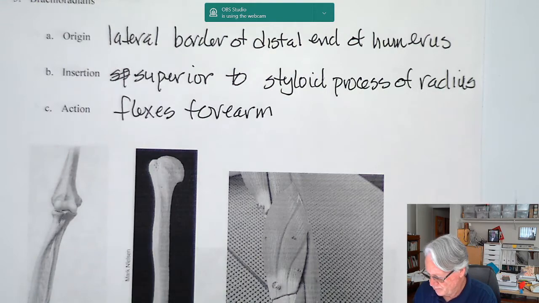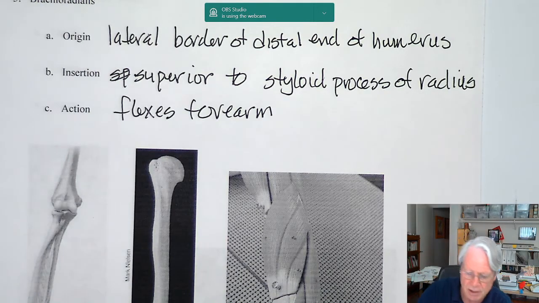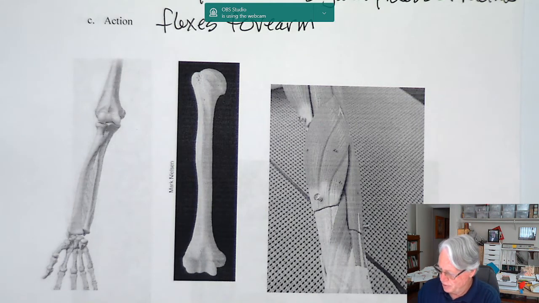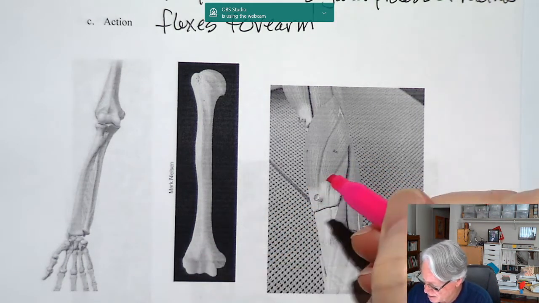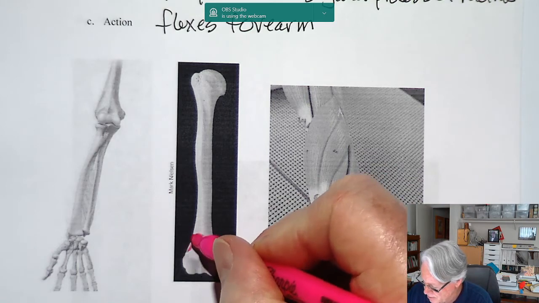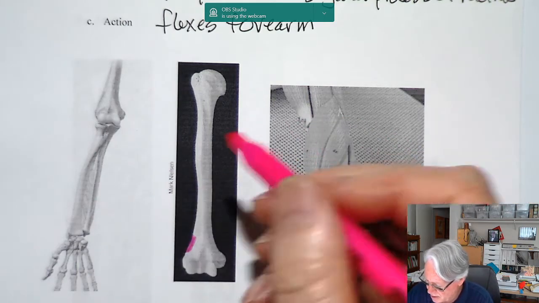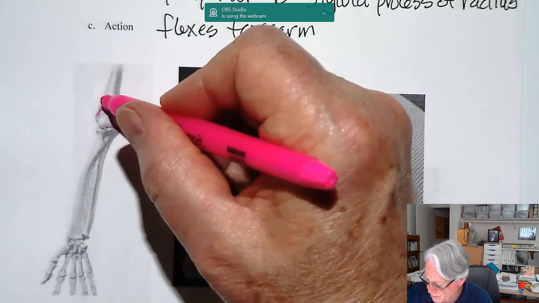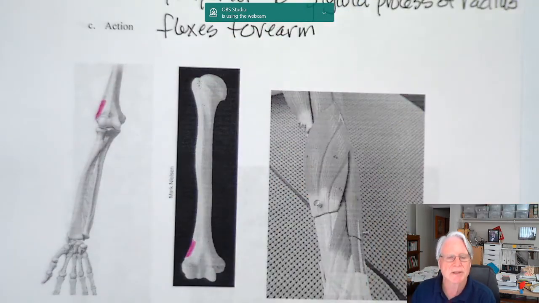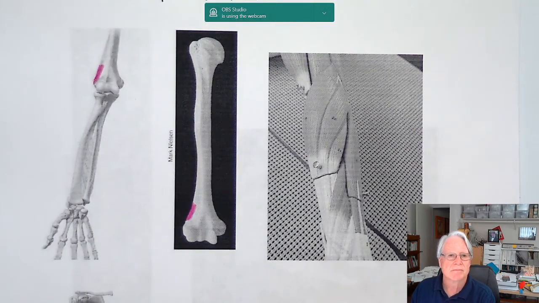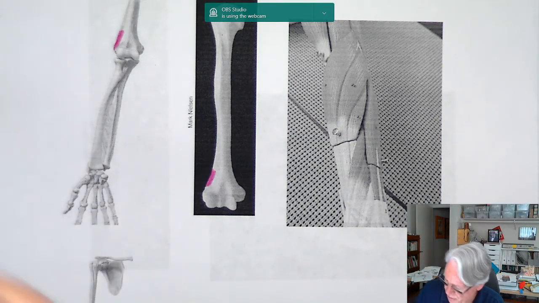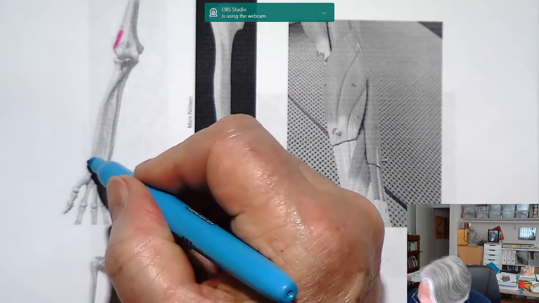So let's take our red, and we're going to do a little line right here, lateral side here. And if we're looking at this, it's going to be up here. And then we're going to insert, using blue, right down here.